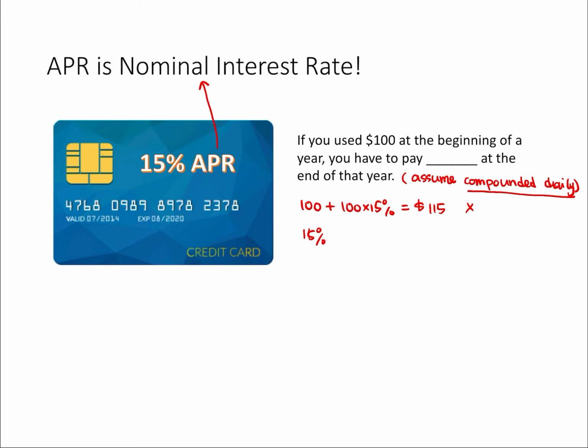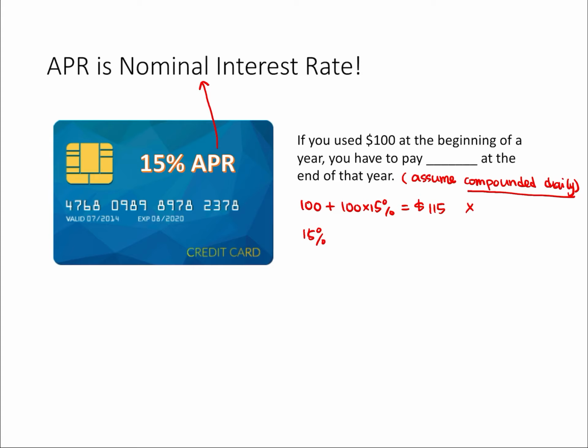Well, you really have to go back to check your credit card manual. We have a user manual, right? And in the user manual, there will be a fine line telling you what is the compounding period. Go back to check it out. But here, let's assume it's compounded daily, okay?